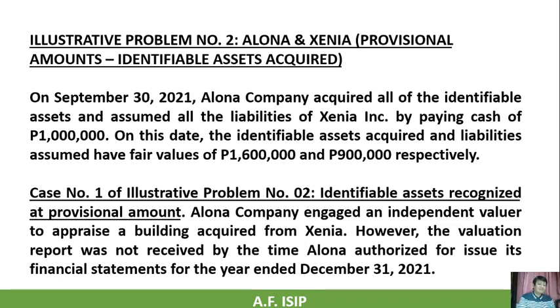So let's take up the first case. Case number 1. Identifiable assets recognized at provisional amount. So Alona Company engaged an independent valuer to appraise a building acquired from Zenya. So Alona is not contented or not satisfied with the amount of the building acquired from Zenya.